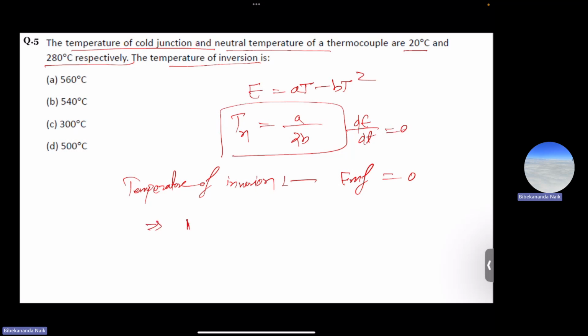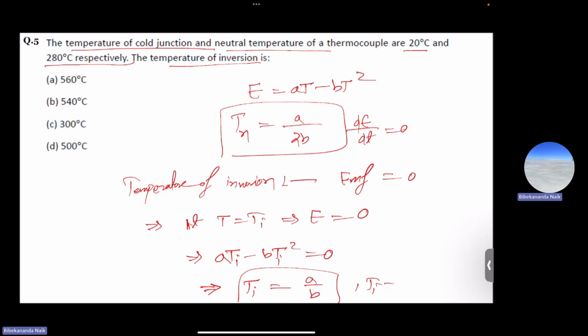So at T equals Ti, E equals 0. That implies A Ti minus B Ti square equals 0, so Ti is A by B. The other solution, Ti equals 0, we will not consider. So Ti is A by B, and Tn is A by 2B.